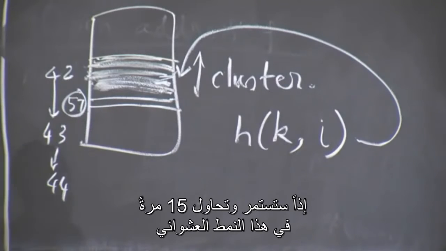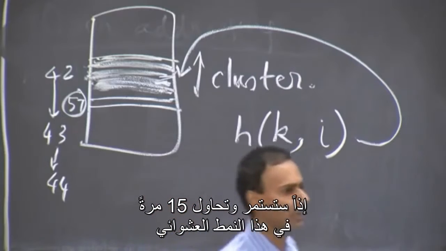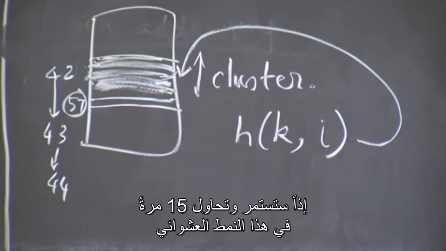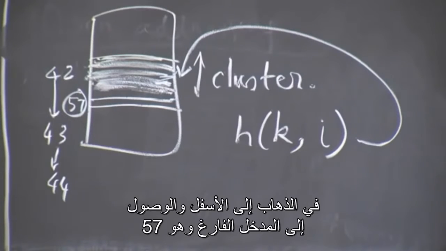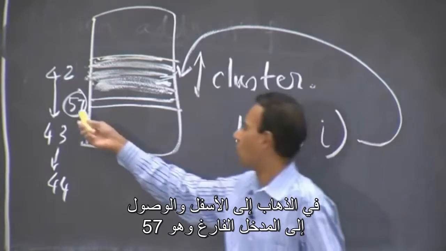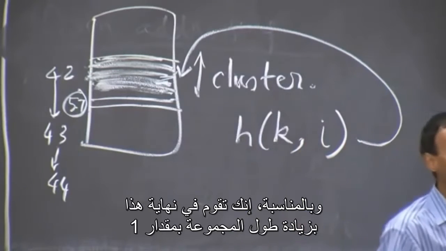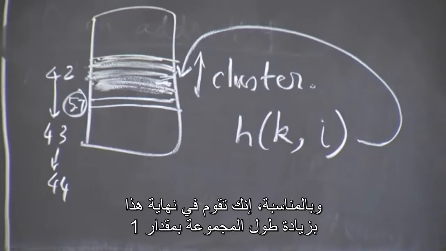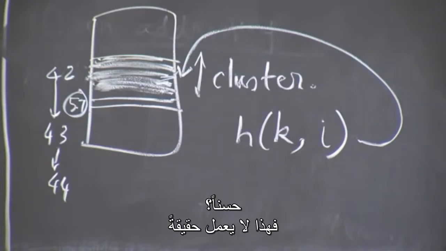So you're going to try 15 times in this relatively dumb fashion to get to the open slot, which is 57. And by the way, at the end of this, you just increase your cluster length by 1. All right?